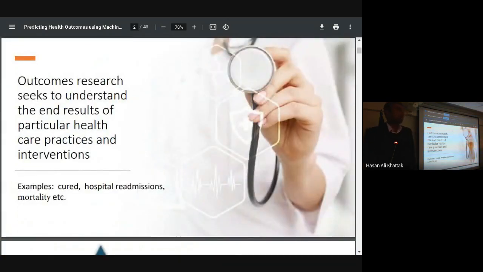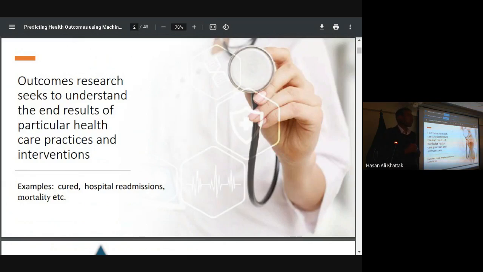Anybody has any idea about outcome research? No? So with outcome research, we basically try to understand the end results of particular healthcare practices and interventions. What this means: you see a patient, in a usual setup we go to hospital.